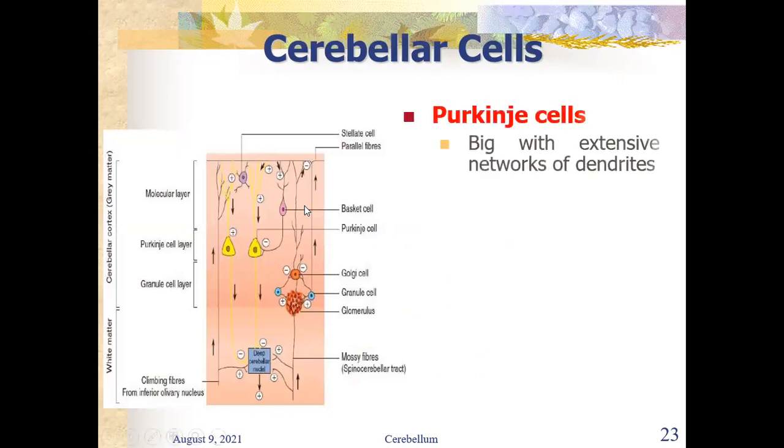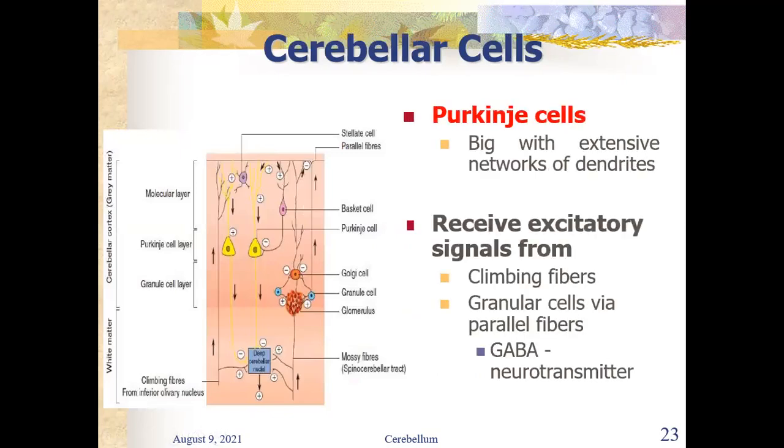So we move ahead. Like I told you, the Purkinje cells are the main output, the final output from the cerebellar cortex. They have connections with the deep cerebellar nuclei. You see the yellow ones here are the Purkinje cells, which have connections with the deep cerebellar nuclei.